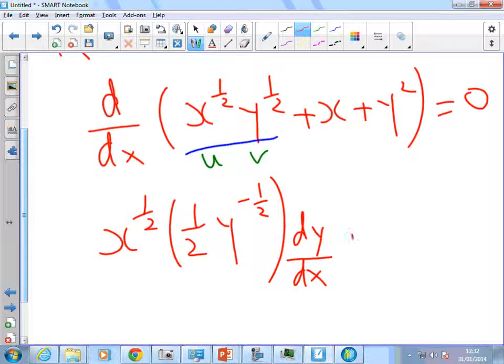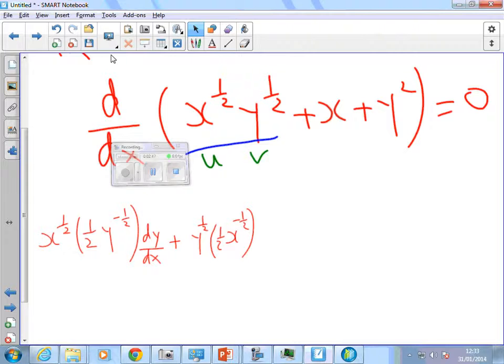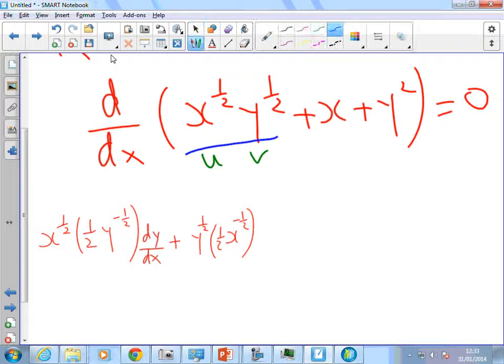So now we've done u dv by dx plus v du by dx. V is just y to the half, and du by dx is half x to the minus a half. Okay, so we've now differentiated that term.